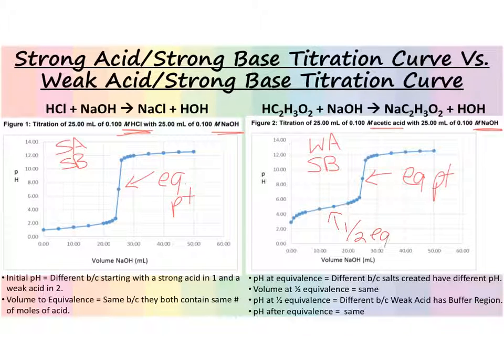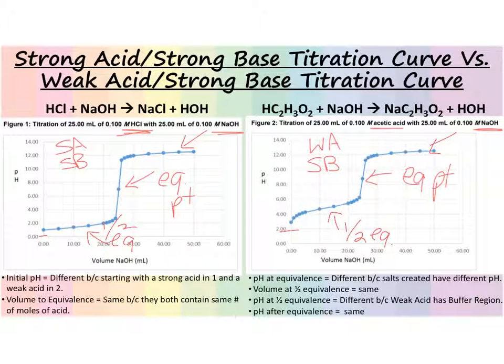So there's my half equivalence point for both of them. And then obviously the original pHs, that's pretty simple. It's either a strong acid pH problem or a weak acid pH problem. And then you have your excess regions. Up here we have excess OH minus.